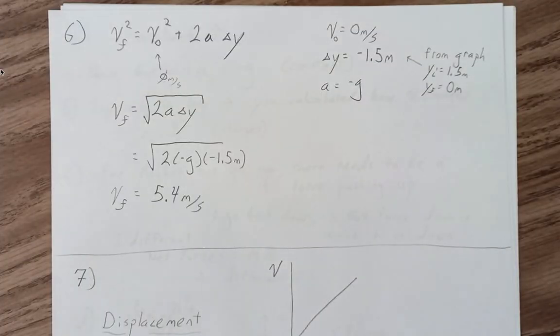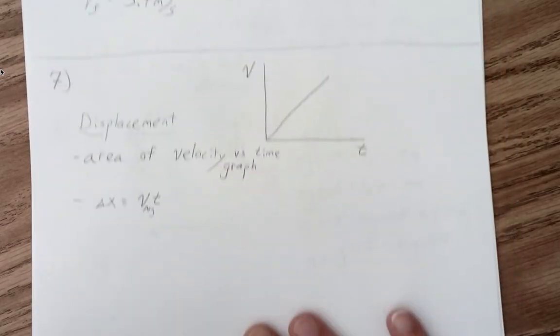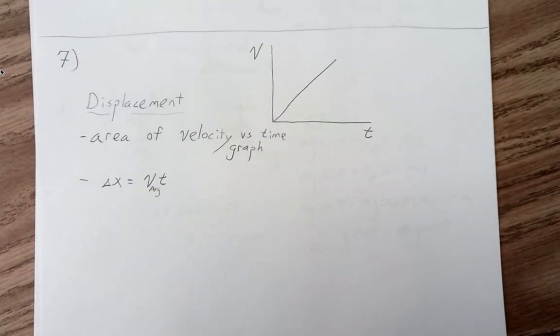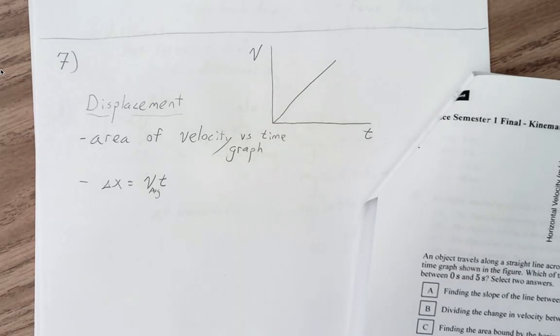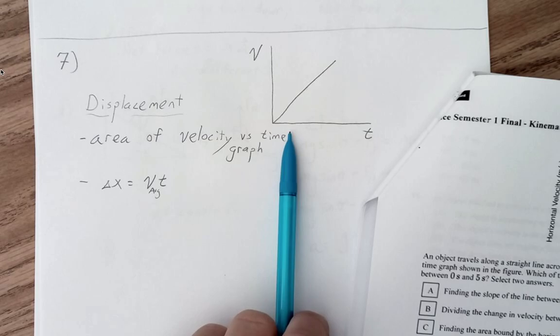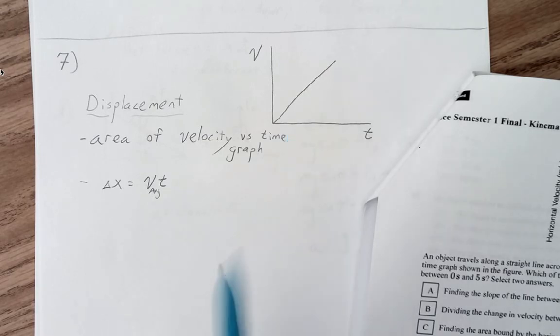As we continue to number 7, an object is traveling in a straight line across a horizontal surface, and we have this velocity versus time graph. It's asking for which method we can determine the total displacement.